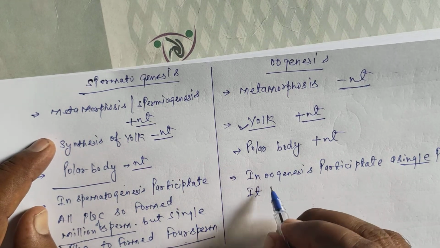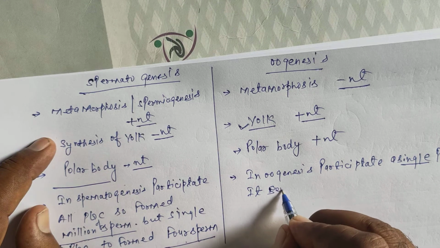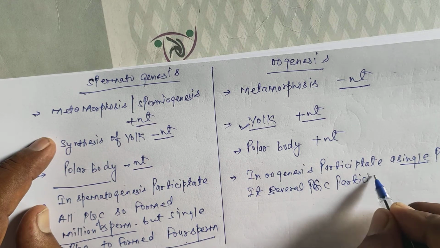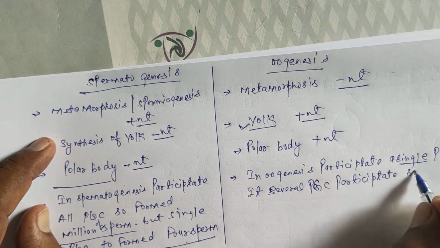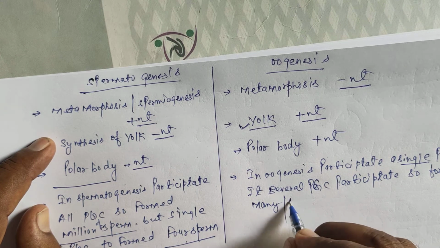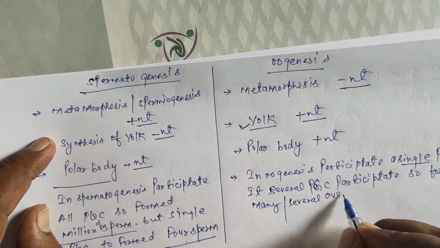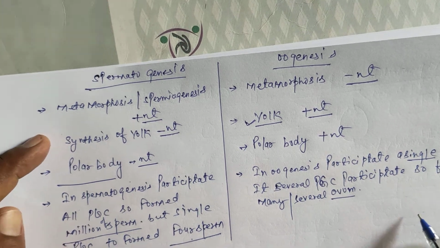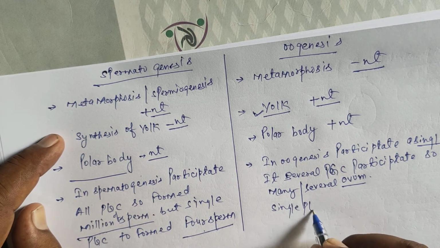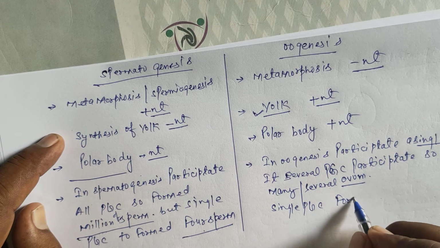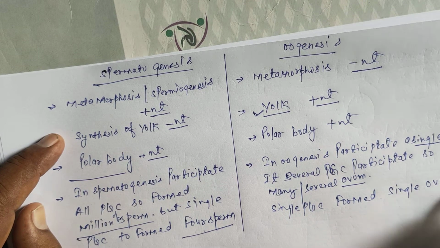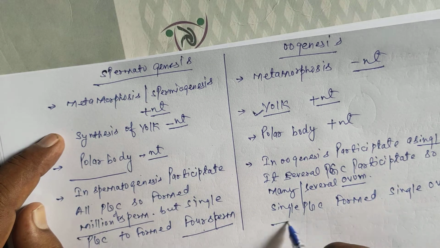If several PGC participate, so many or several ova are formed. Second, a single PGC forms a single ovum or egg or female gamete.